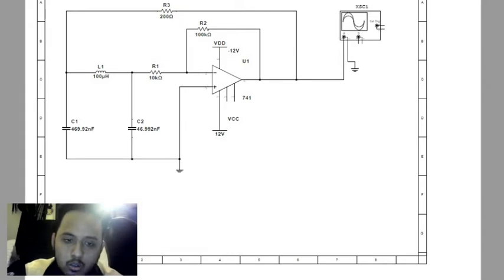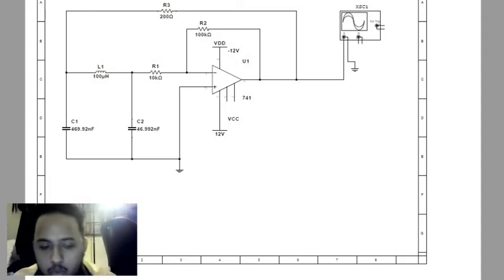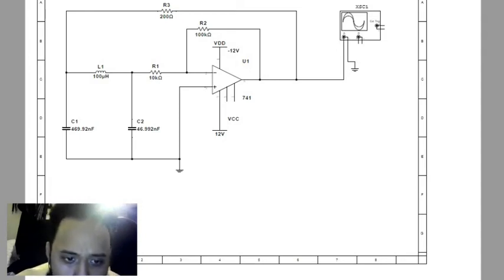How do we recognize the Colpitts oscillator? As we know, the Colpitts oscillator has basic components, which are two capacitors and one inductor. So here we have C1, C2 and L1.